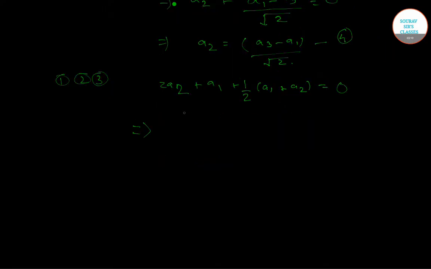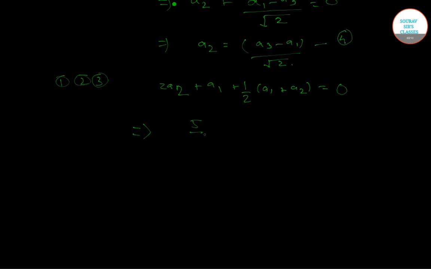This implies 5 by 2 a2 plus 3 by 2 a1 is equals to 0, or our a2 is equals to minus 3 by 5 a1. Let us denote it as our equation number 5.